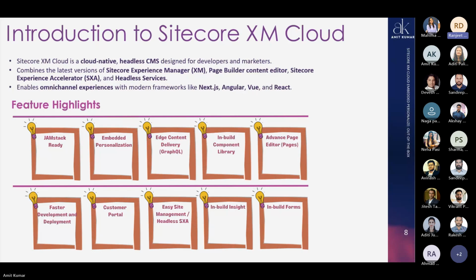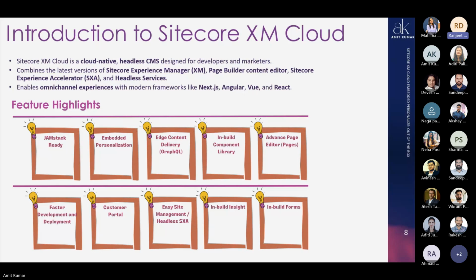That is the advanced page editor. So the advanced page editor, or Pages, is basically, for example, if we create an SXA component in Sitecore and we integrate it into the front end by creating the same-named component in Next.js, establishing a GraphQL client and fetching the data from GraphQL, then when we deploy this using the XM Cloud Deploy app, it should be visible in our Pages editor.